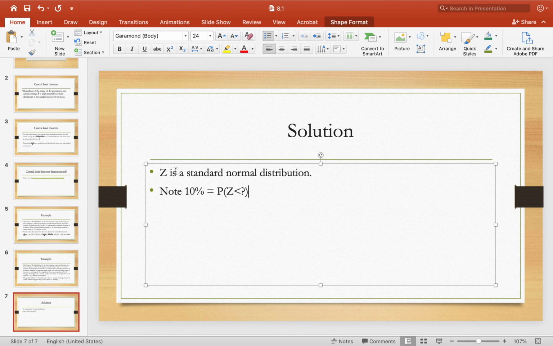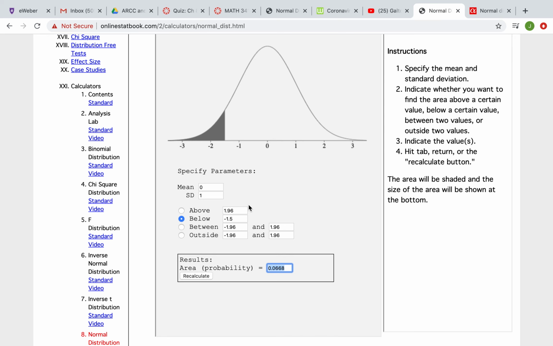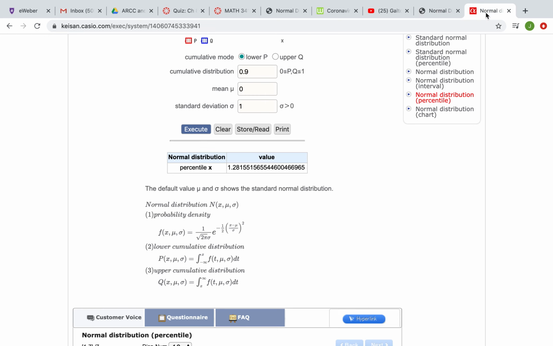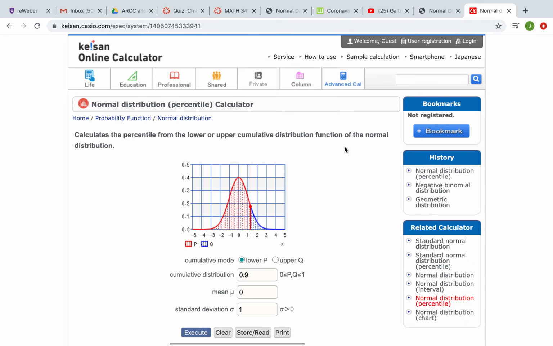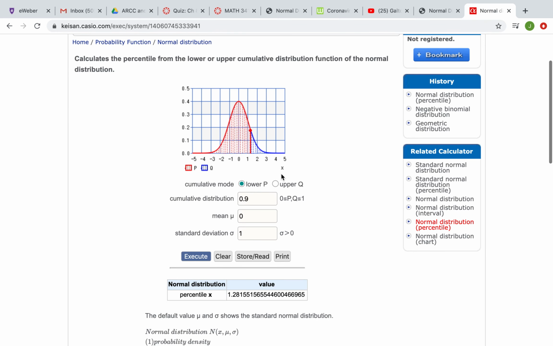But wait, I'm going to go to my calculator and use this one. It says I want to find a percentile, and I want to find the 10th. It says minus 1.28 is that value.